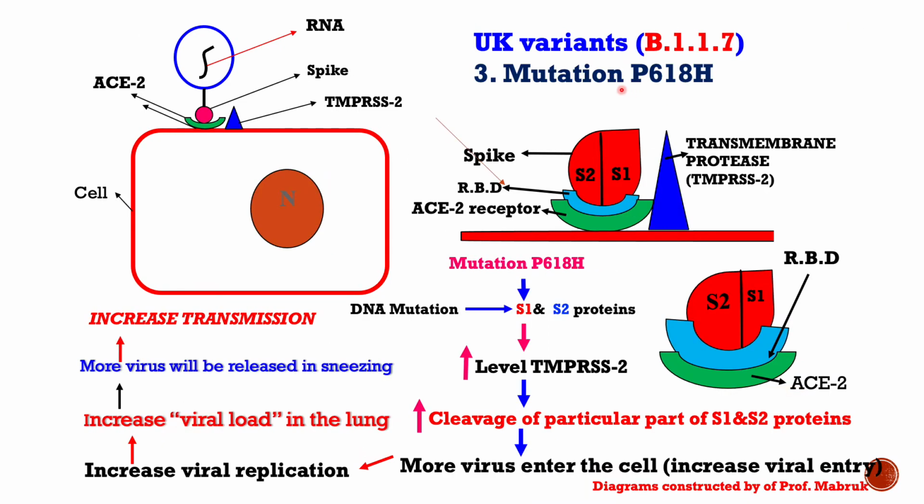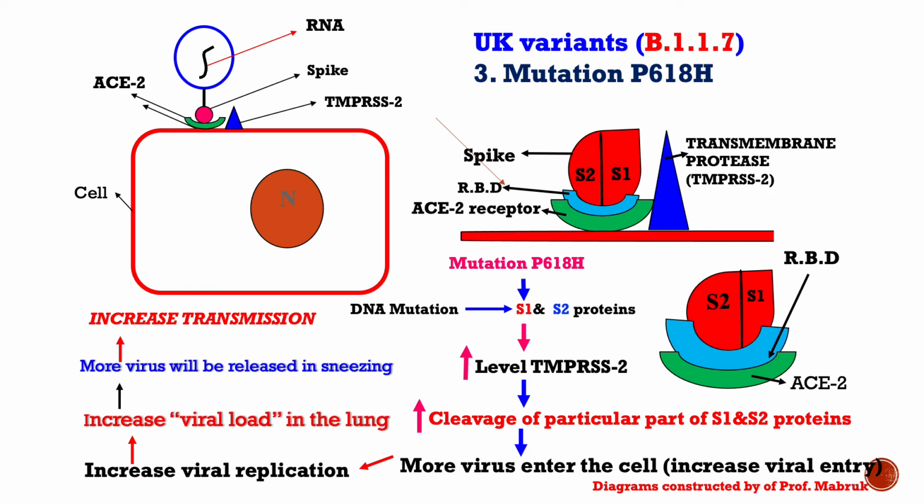The third mutation found in the UK variant P117 of the coronavirus COVID-19, we call it mutation P618H. And this mutation is found only in the UK variant. You cannot find it in the South African or Brazilian variants of coronavirus COVID-19.